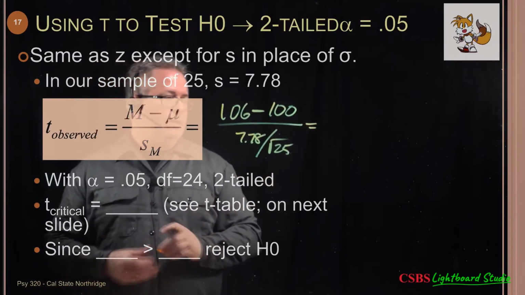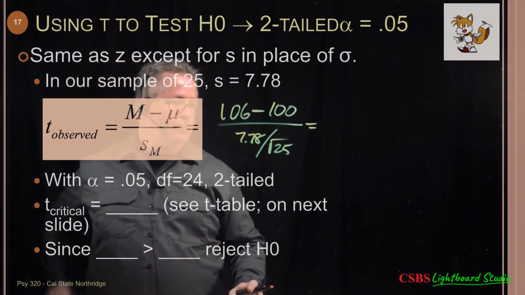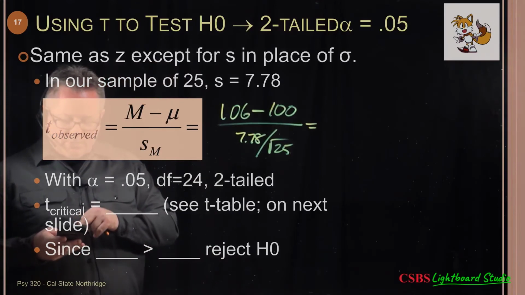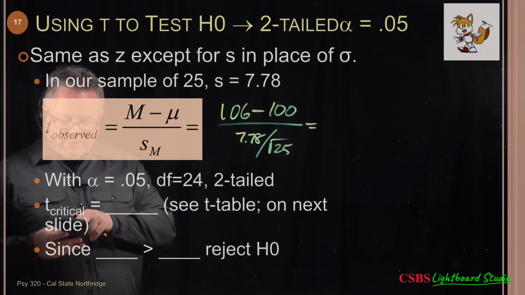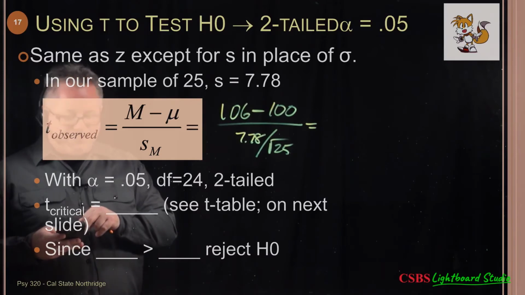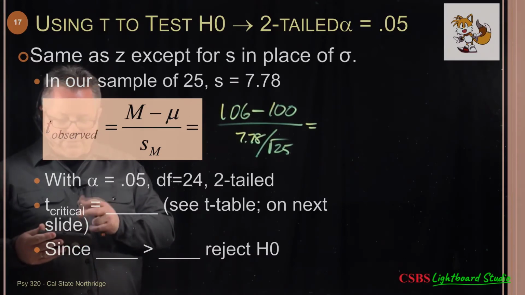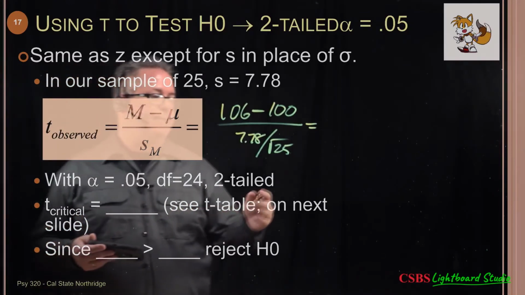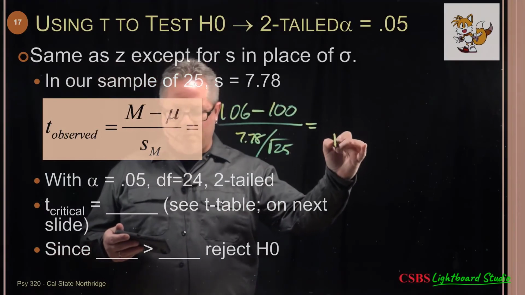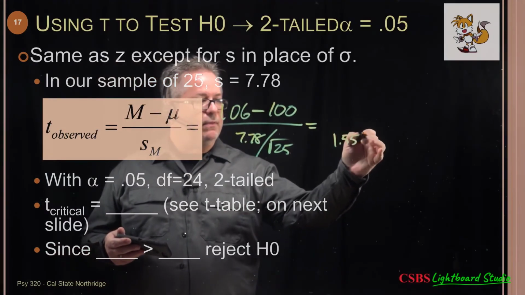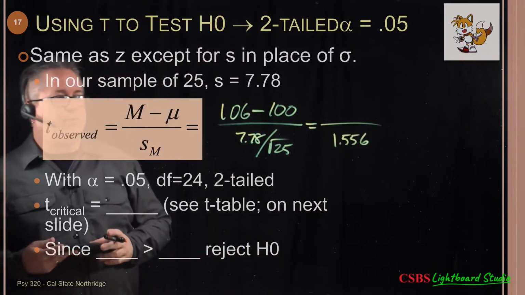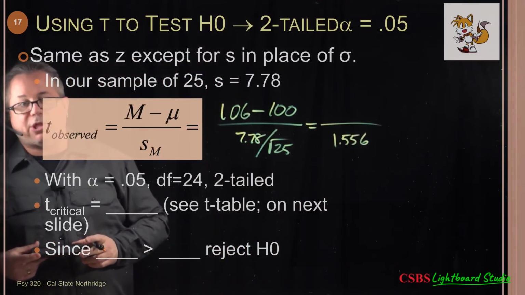Let's figure out what that looks like. 7.78 divided by 5 ends up being 1.556.